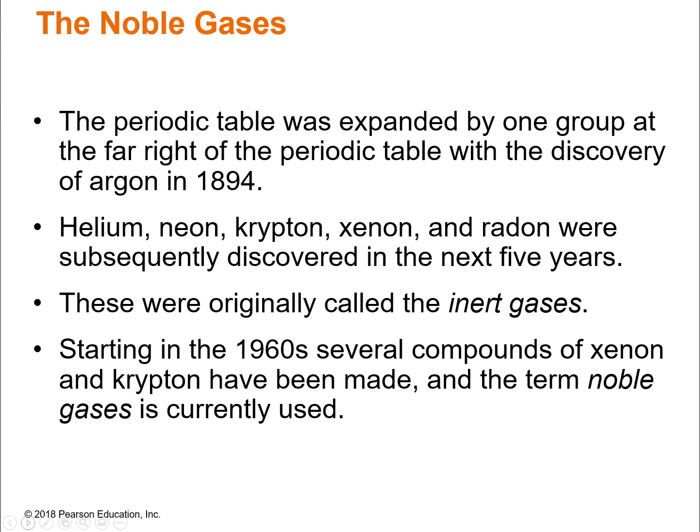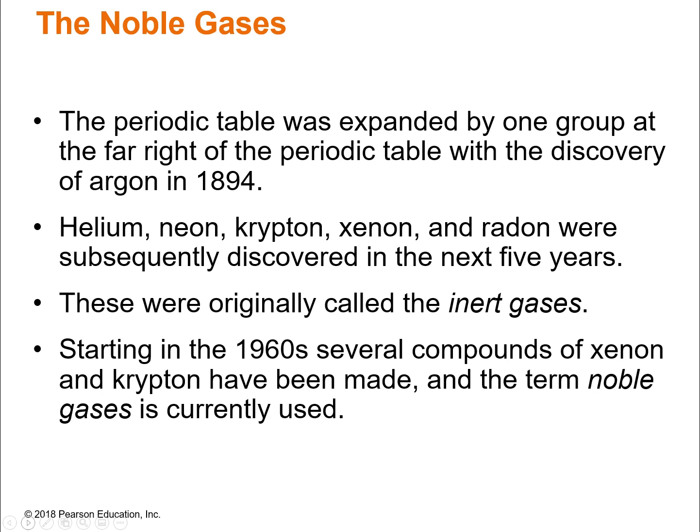So Mendeleev did some good work, but he didn't predict everything. He was able to predict the existence of several elements years before they were actually discovered. But what he didn't predict was the noble gases. So the noble gases are the far right column.